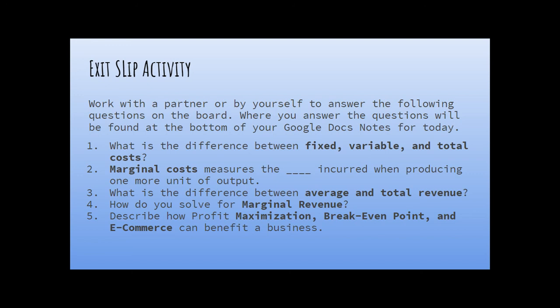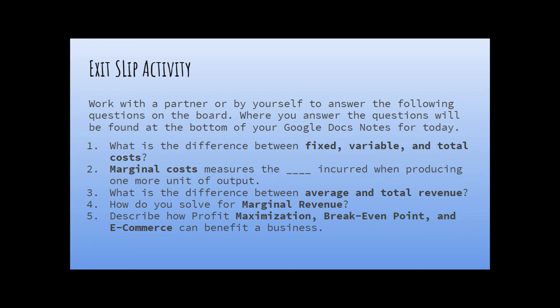And then 5 is describe. This last section is going to be about a sentence apiece, 1 sentence for profit maximization, 1 sentence for break even, and then 1 sentence for e-commerce. And you're basically just going to explain to me how profit maximization, break even, and e-commerce can help benefit a business.